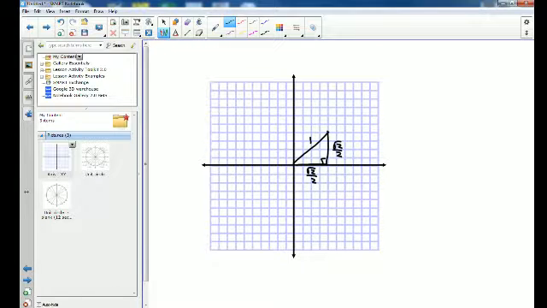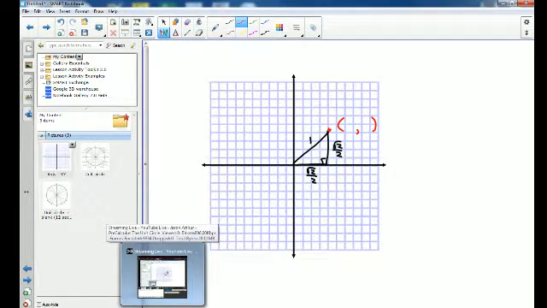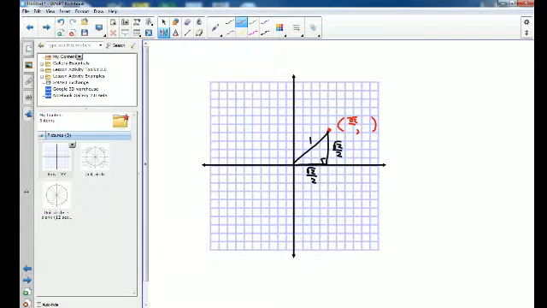What are the coordinates of this point? Root 2 over 2, root 2 over 2.